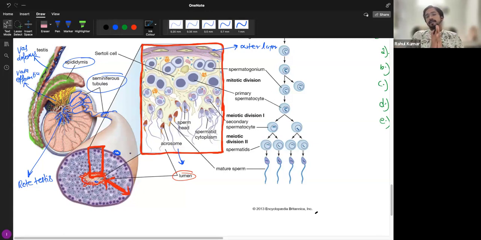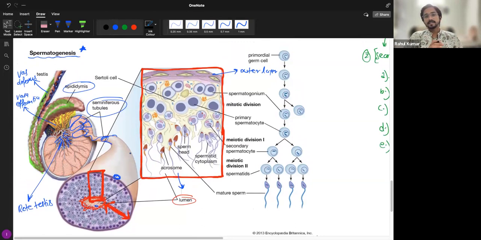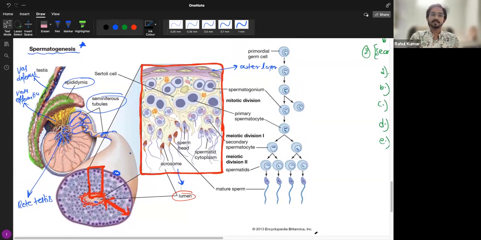Now, here comes the most important part that is asked. First question is, what kind of cells are present in the seminiferous tubules? So there are two major kinds of cells that you have to be interested in. Two major kinds of cells are important for spermatogenesis. One is these cells that you are seeing, the ones which I am highlighting in green here.